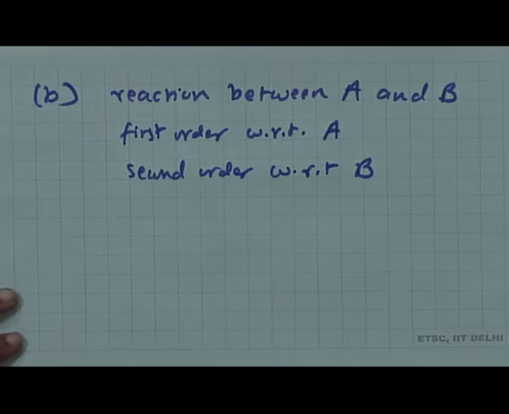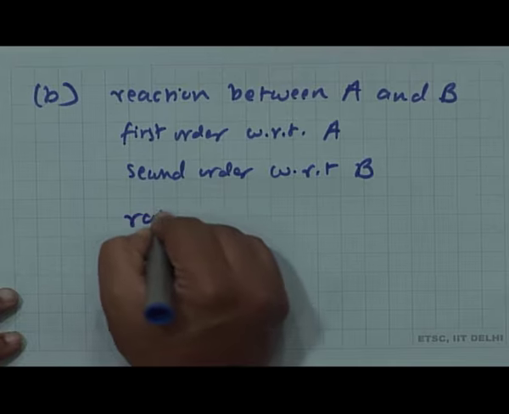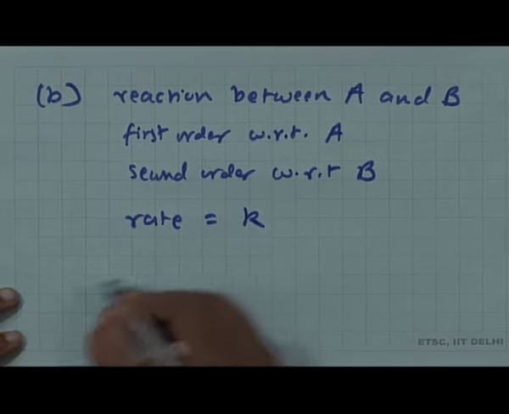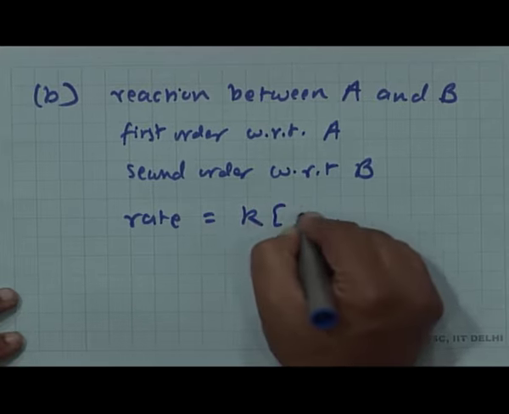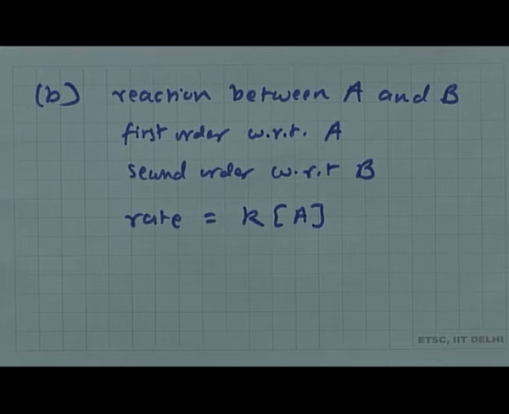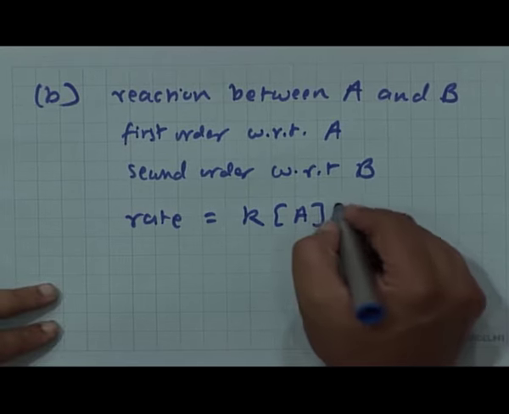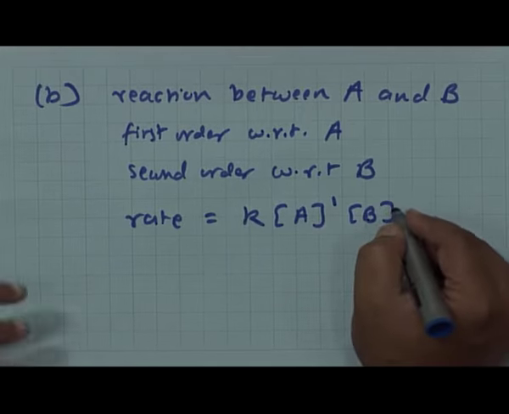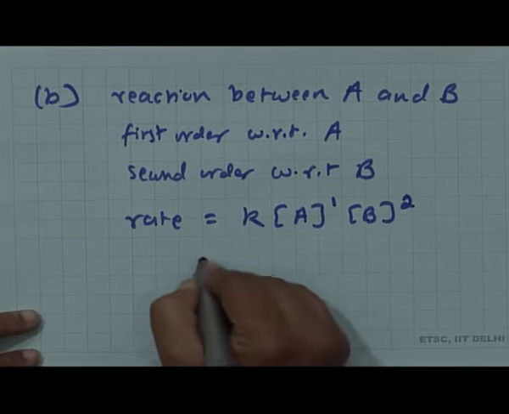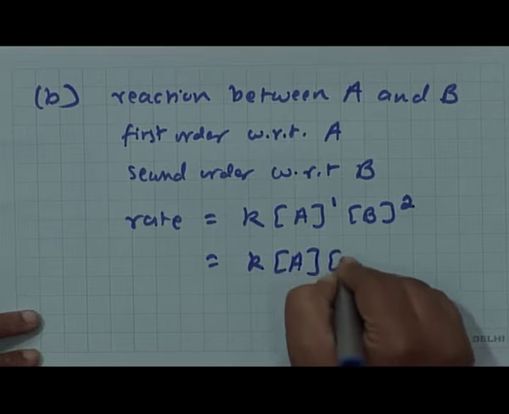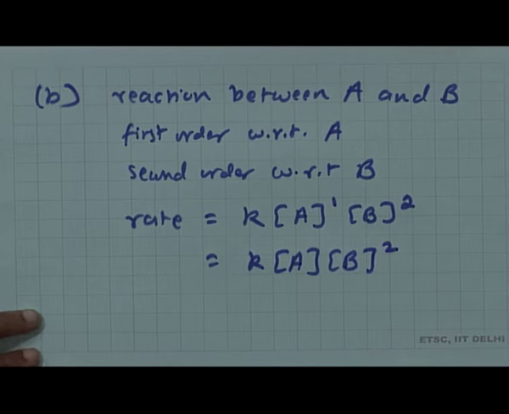Then when you write the rate expression, it obviously becomes rate is equal to k, which is the rate constant, times the concentration of A raised to the power 1 because it is first order, times the concentration of B raised to the power 2 because it is second order, hence k A B raised to the power 2.